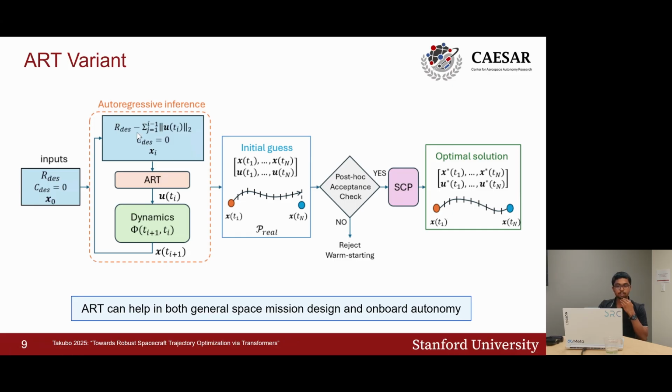The reason we pass these additional performance metrics like reward-to-go and constraint-to-go is that we want to capture the trade-off space, which some of the earlier papers didn't consider. So the aim is that we perform machine learning and try to make ART generate a really good initial guess so that the SCP solvers can quickly converge to the optimal solution, which is hopefully the global optimum.